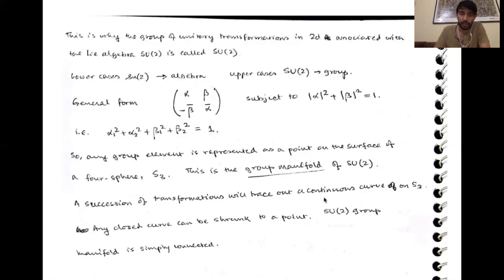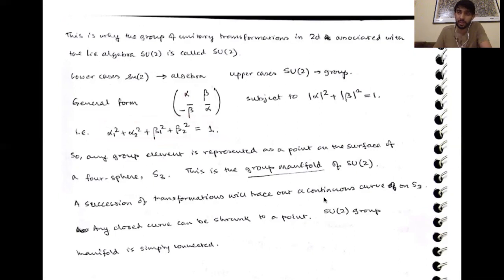Any group element is represented as a point on what is called the group manifold of SU2. And from here, it is clear that this is going to be an S3.